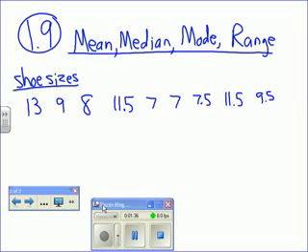Okay. And Ben? 13.5. 14s. Okay, we'll add on 14 then too. Okay, I don't want to get too many.